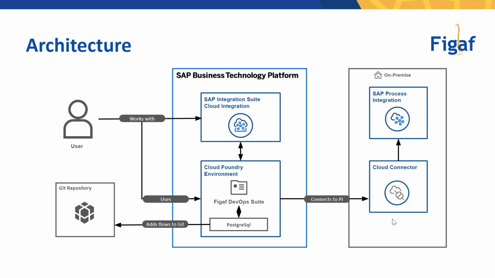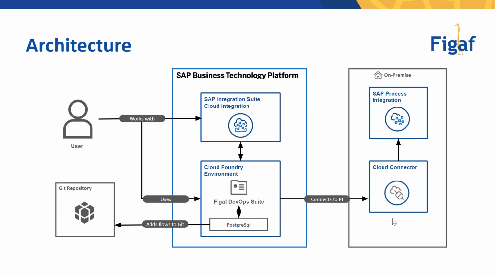The CPI system can either be in Cloud Foundry or Neo. It really doesn't matter from our perspective. And then we can also connect to the PI system and do the same processes there, and we have a lot of advanced capabilities there, but we'll not go into these things.